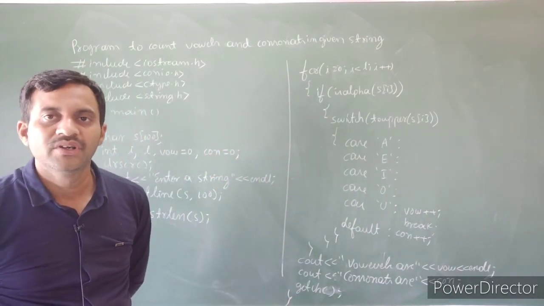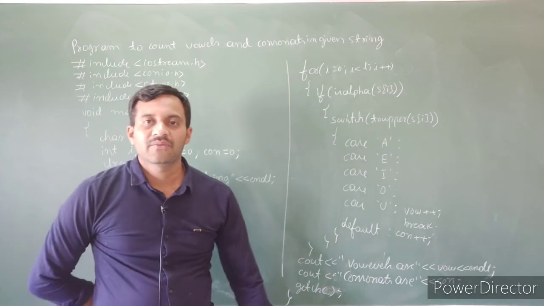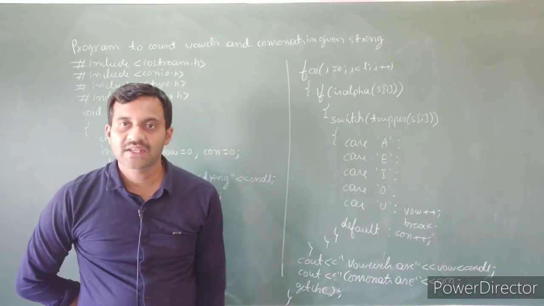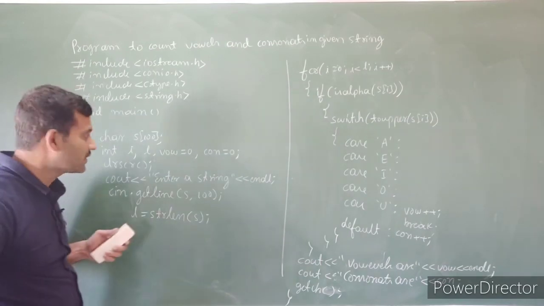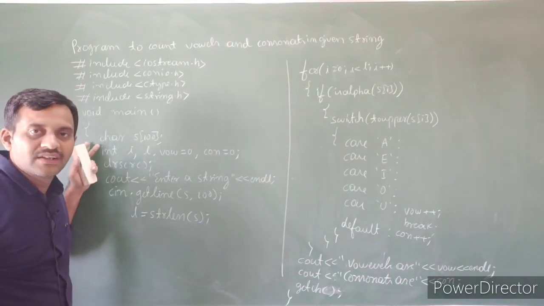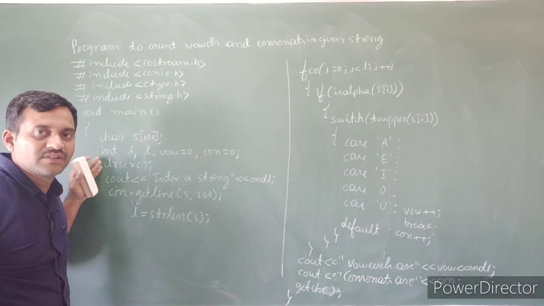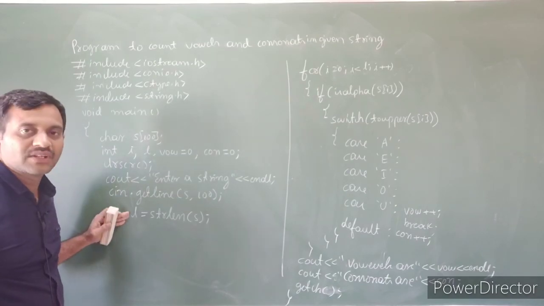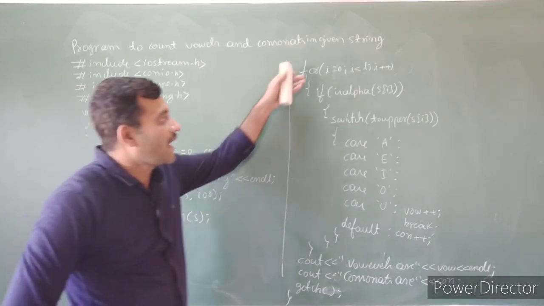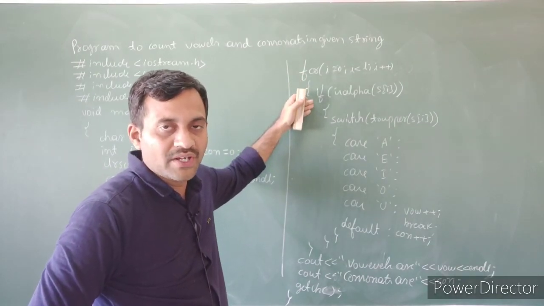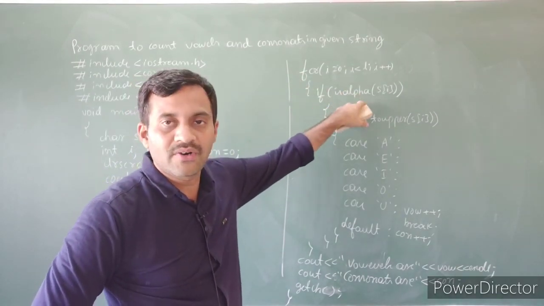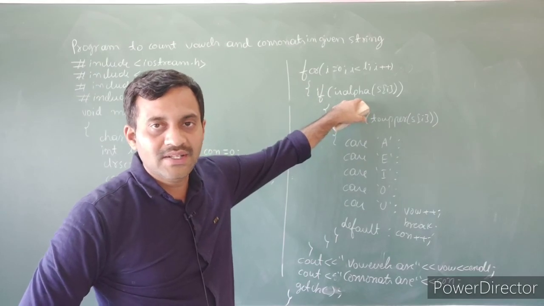So it is a program to count the number of vowels and number of consonants in a given string. What we have done here: first we write a string, then find the length of the given string, access each character one by one, and verify if it is an alphabet using the function isalpha. It belongs to the header file ctype.